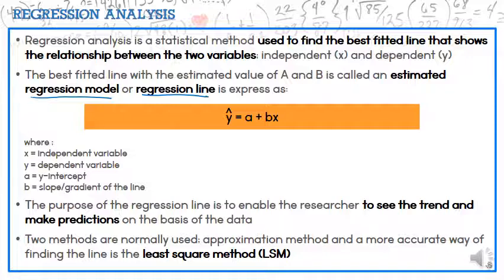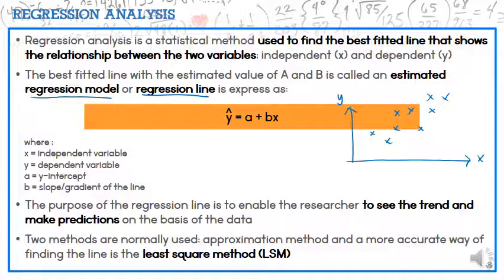So, if you plot a scatter diagram, we can conclude that we can see that there exists a positive relationship because as X increases, Y tends to increase.